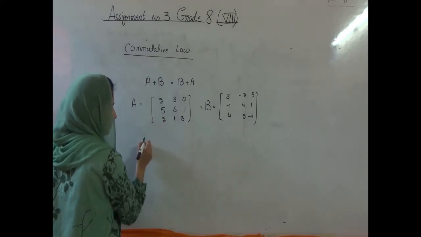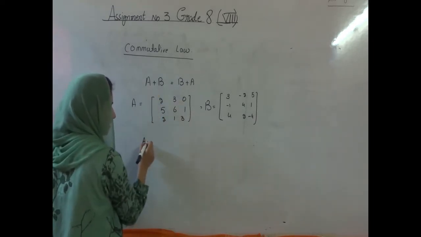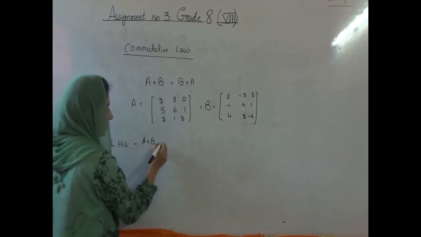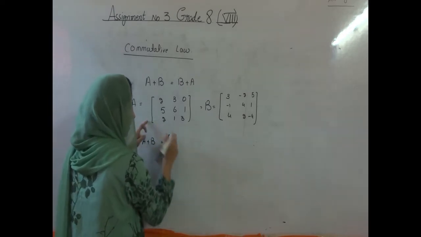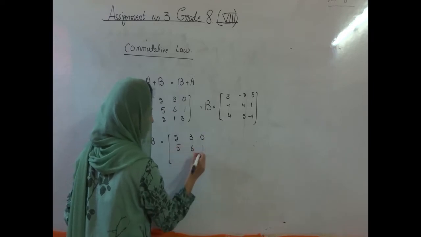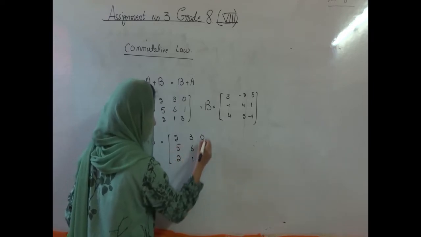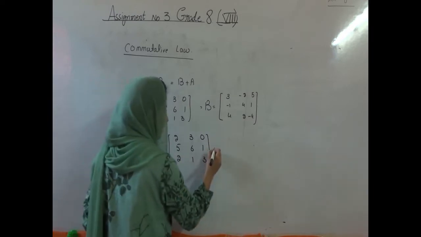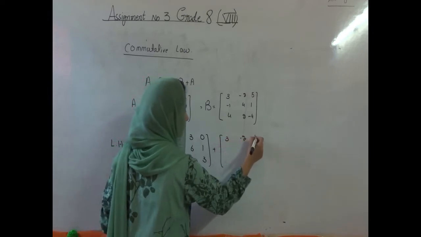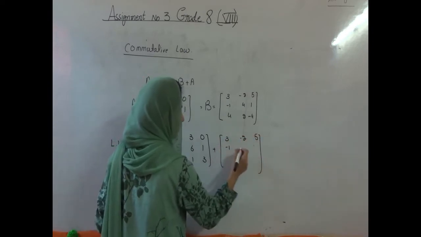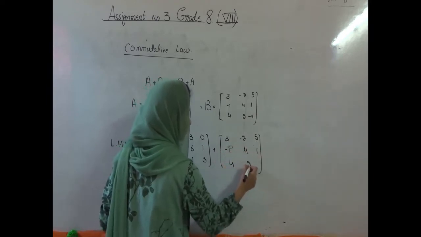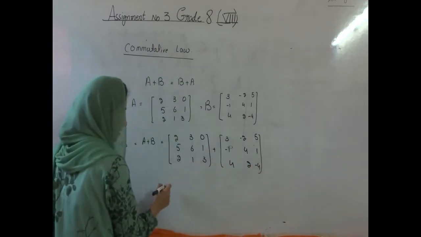So A plus B. First we will solve the left hand side, A plus B. Write down the matrix of A first, and then write down the plus sign and the matrix of B. Now add these two matrices.